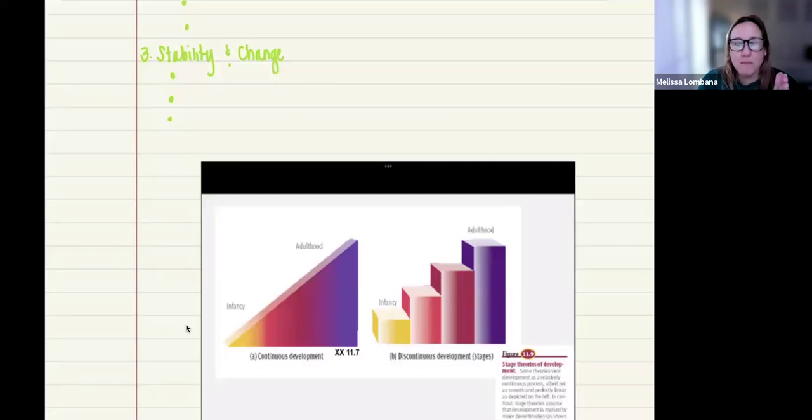But discontinuous is that it's in stages, based on actual ages, so you have to master one stage in order to move to another. There's also that debate of by this age you need to have this, then you go to the next one. So is development continuously growing on each other, or is it discontinuous, going by stages and ages? We'll talk a little bit more in class and have a nice discussion there.